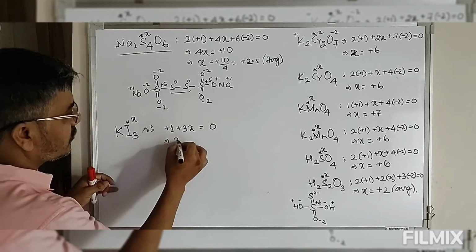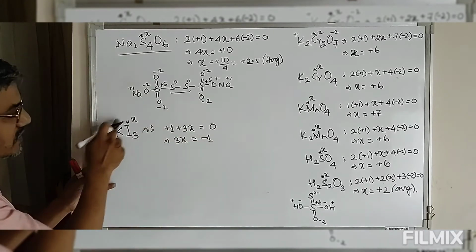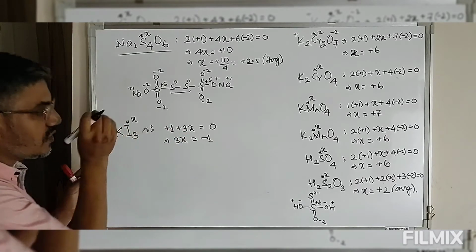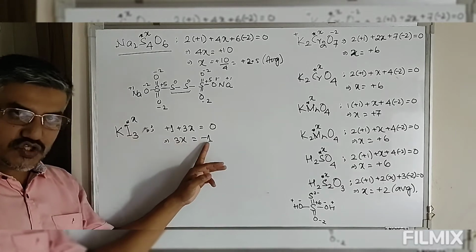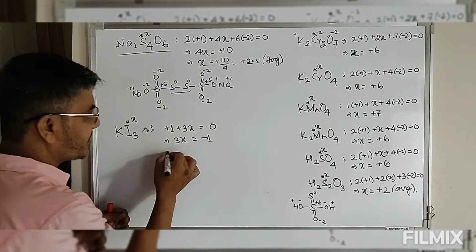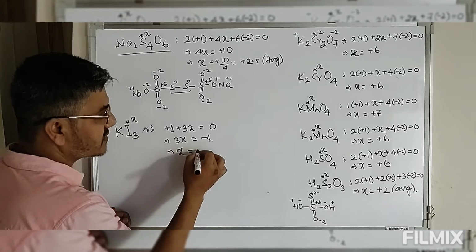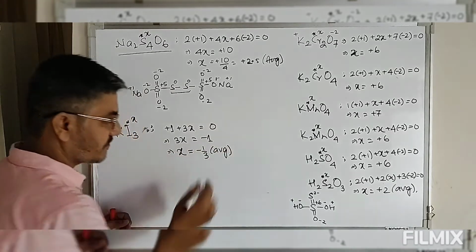So therefore 3X is equal to minus 1. So if this is plus 1, the total of these 3 iodines should be minus 1. So look at this, the summation of the oxidation state of 3 iodines is minus 1. But if we take the average, the average oxidation state of iodine in KI3 is minus 1 by 3. So this is nothing but the average.